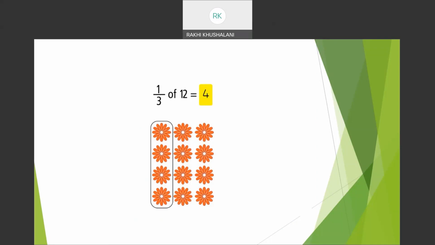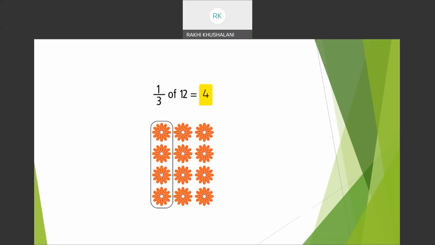Like we talked about cards, they were all cards. If I say stickers, all of those are stickers. If I'm talking about flowers, they all are flowers. Now I cannot put flowers, leaves, stones and shells together and say I have made a group, now 1/3 of 12. No, children. This 12 is a whole number, representing 12 same-type orange flowers.